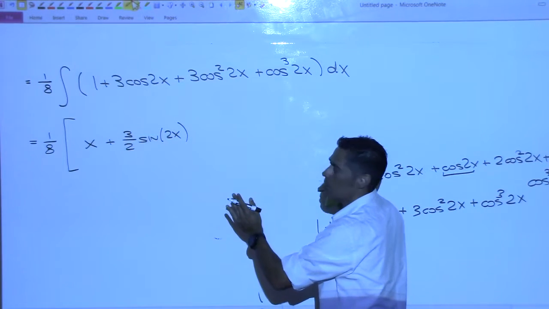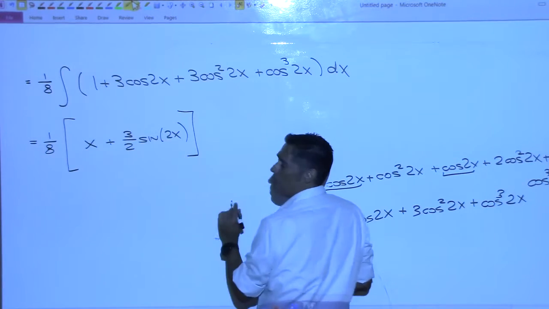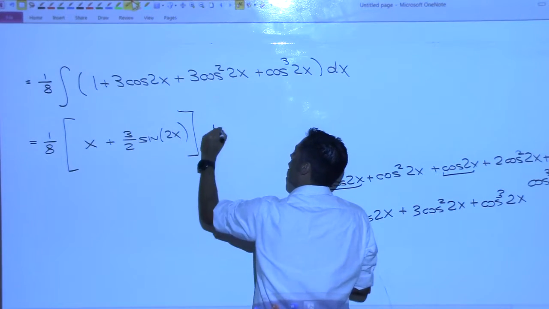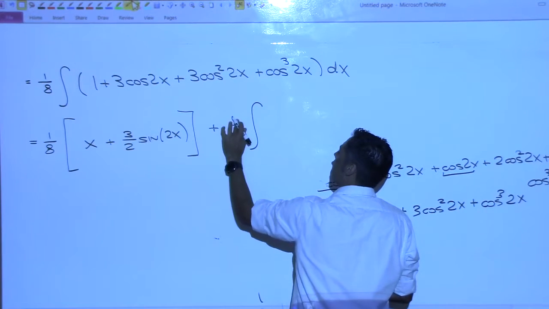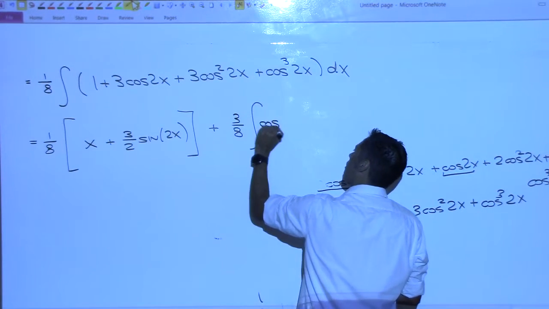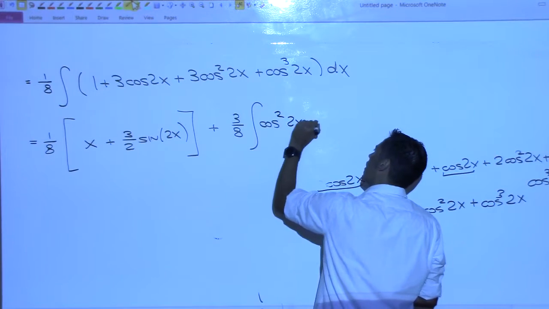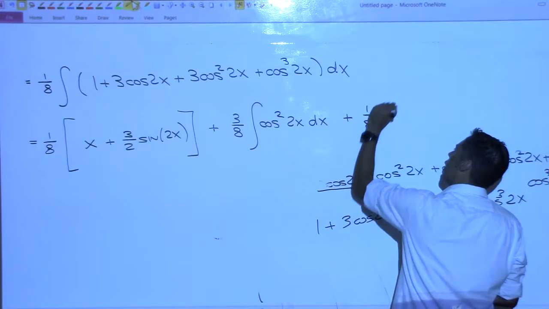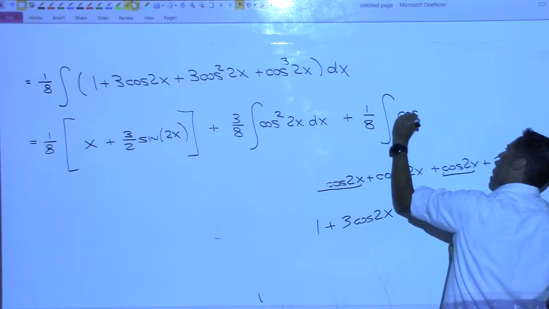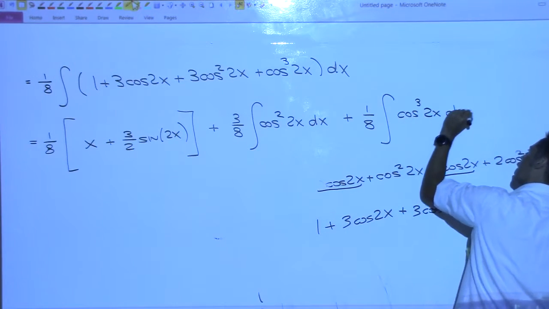So I'm done with those, the first two. Plus, actually, you know what? I'm going to make it 3/8 integral cosine squared 2x dx plus 1/8 integral cosine cubed 2x dx.